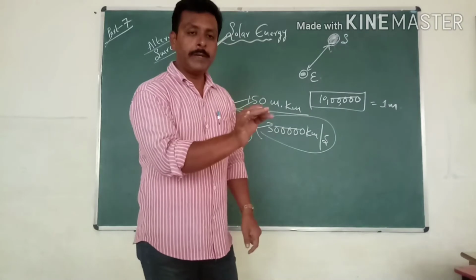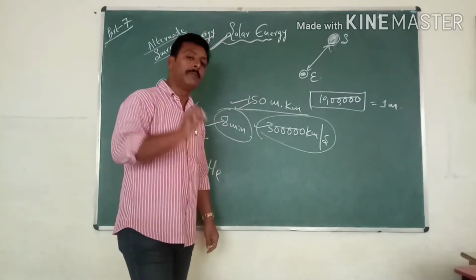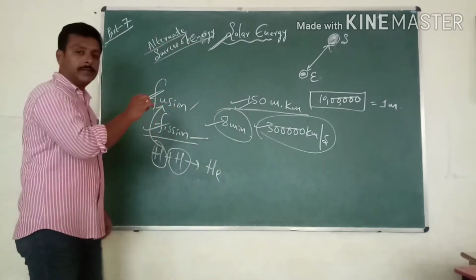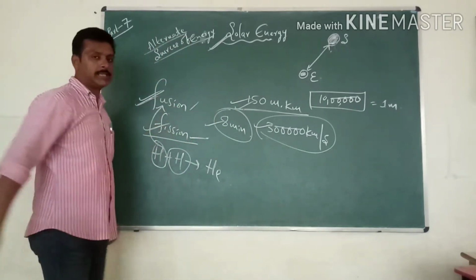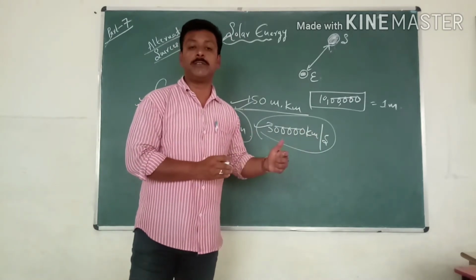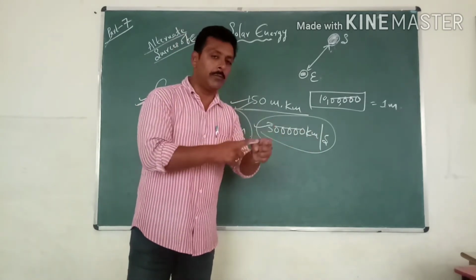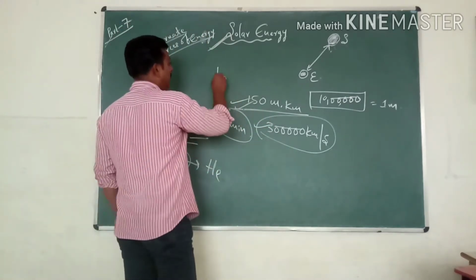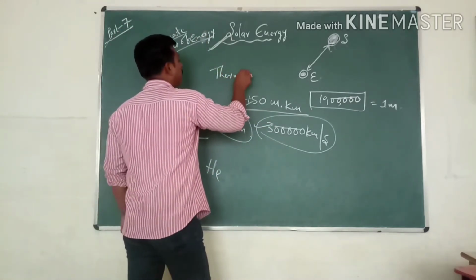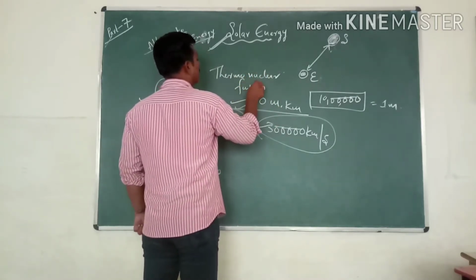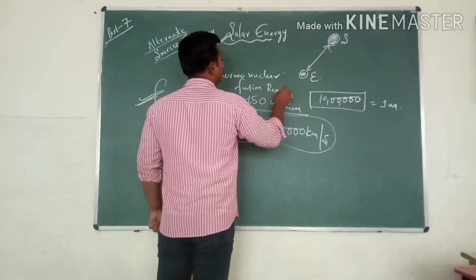That's why, temperature we call what in chemistry? Thermo. So what kind of nuclear reaction? Fusion reaction. Therefore, what kind of nuclear reaction is taking place in the sun? That is called a thermonuclear fusion reaction.